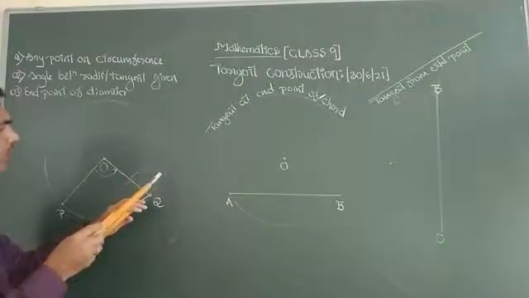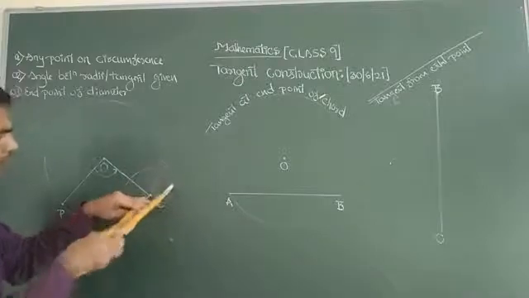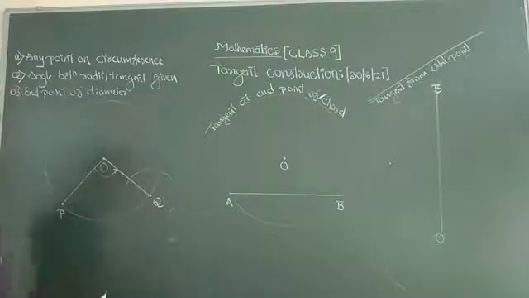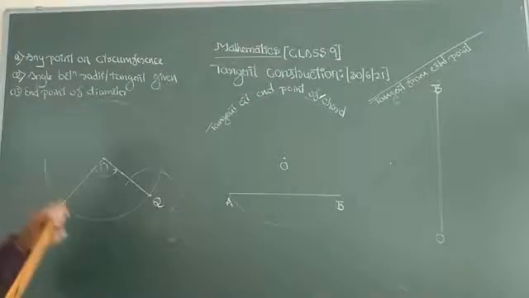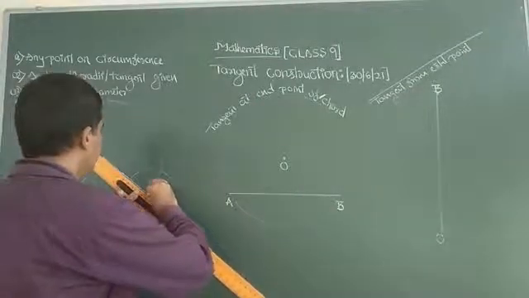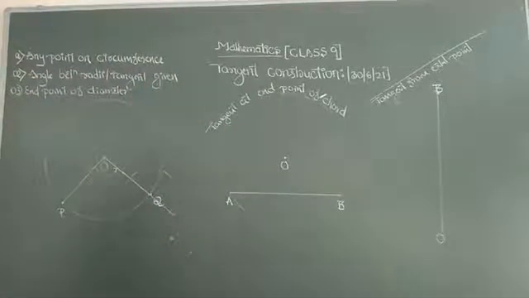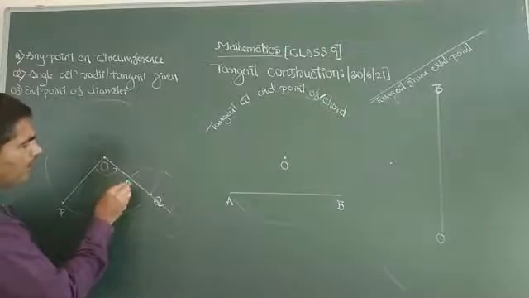You can extend it further, make it a semicircle also. So when you make a semicircular region, you want one more point. So that's why extend this OQ. So I have extended OQ like this now. We have got two new points. Let me name them A and B in short.